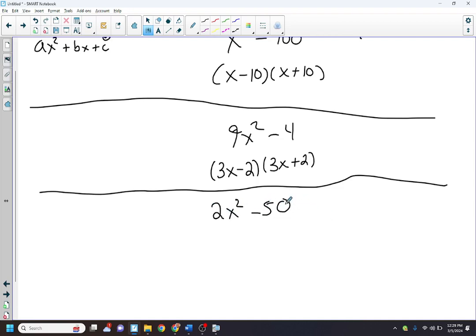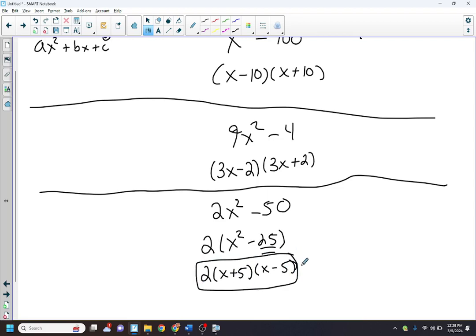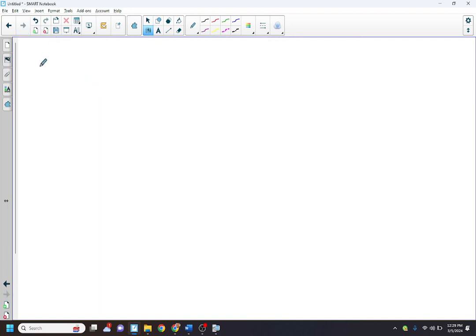I look at both of these. Oh, I can factor out a 2 first. x squared minus 25. Oh, this is a perfect square, so this works. So it's 2, x plus 5, x minus 5. Okay. So remember, you could always GCF out first.